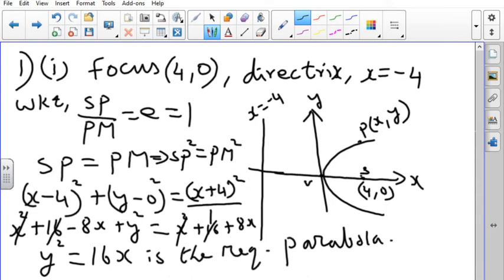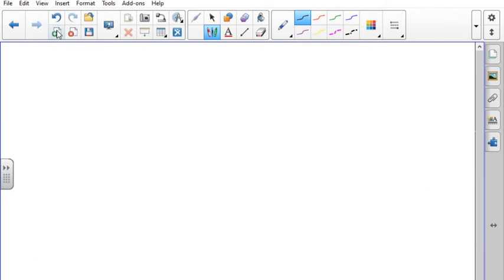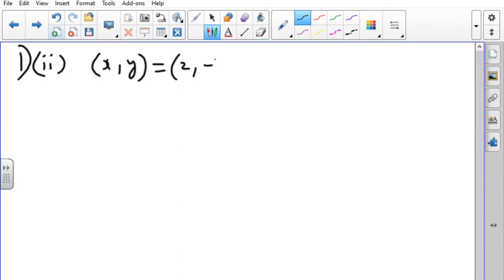Okay, now coming to the second subdivision. First question, second subdivision: it passes through the point (2, -3). So (x, y) is given as (2, -3), and it is symmetric about the y axis.